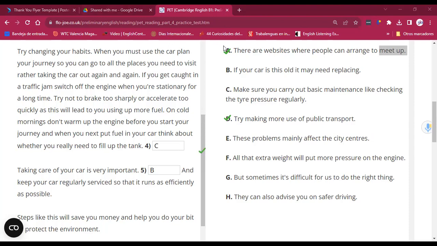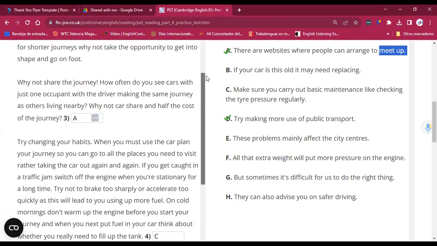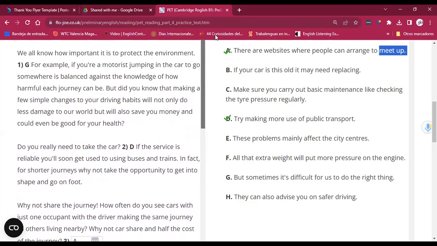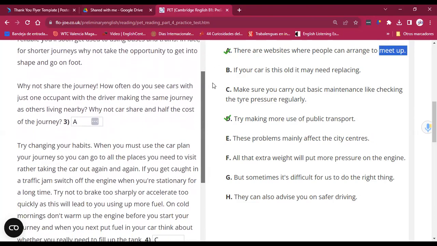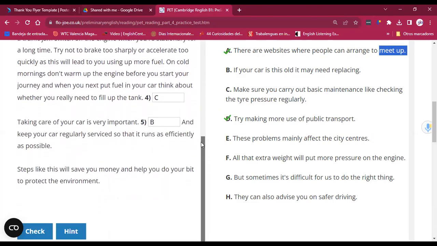Give me a moment. Which other one is taken? G is taken. G, D, A are taken. Okay, so which one do you think? Letter C? It is not, because they say letter C is a mistake.